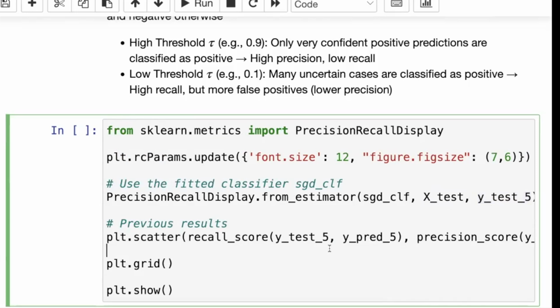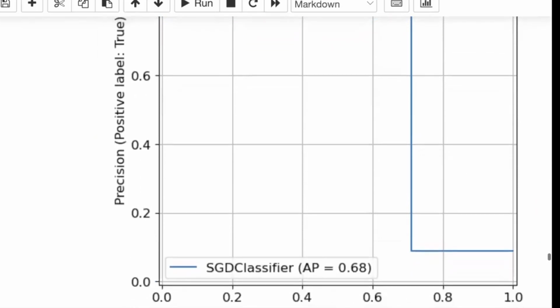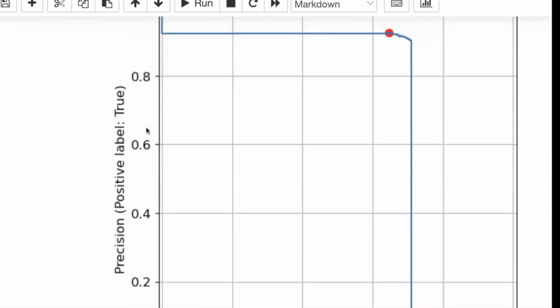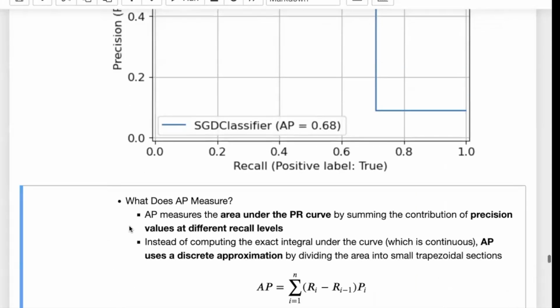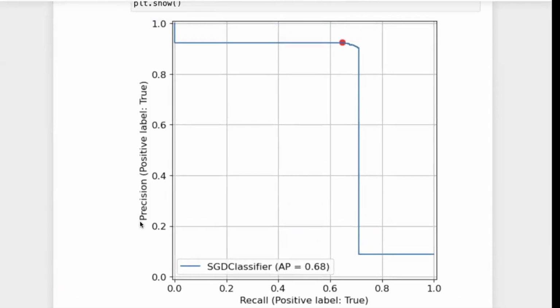And if I plot this right now, you can see that this is the form of our precision recall curve. So on the y-axis, we have precision values. Let me zoom out a little bit here so you can better see this. You can see that we have precision here, and on the x-axis we have recall.